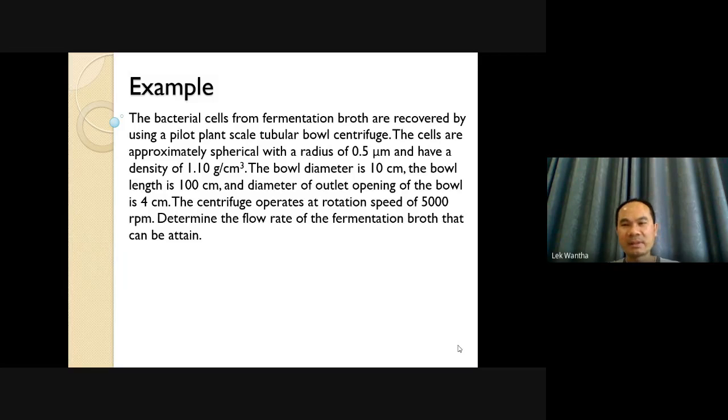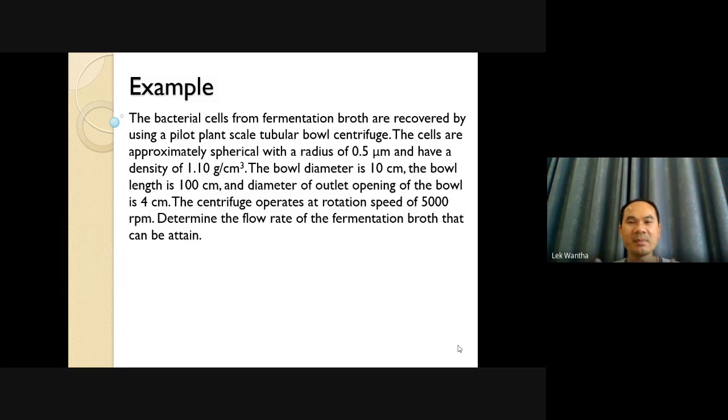In the tubular bowl centrifuge, the cell is approximately spherical. We assume the cell morphology is a spherical solid with a radius of 0.5 micrometer and a density of 1.1 gram per cubic centimeter.